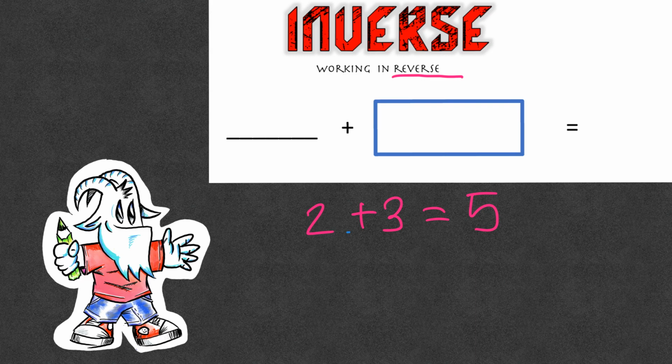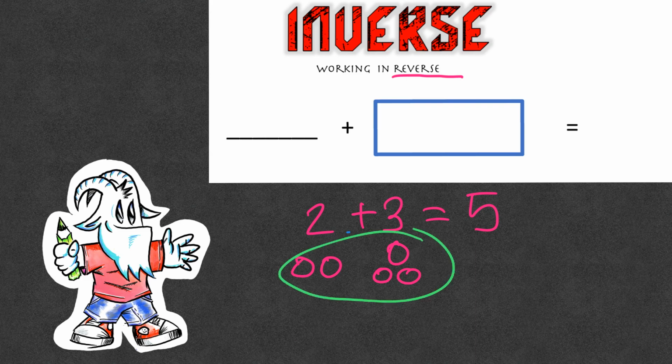So I had 2 apples, I got 3 apples more, and all together I ended up with 5. Yeah, this is 1, 2, 3, 4, 5 in a group.